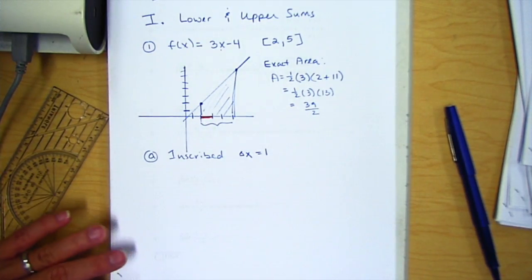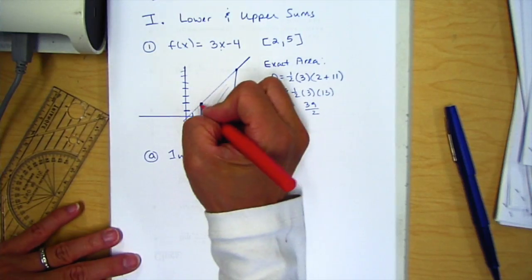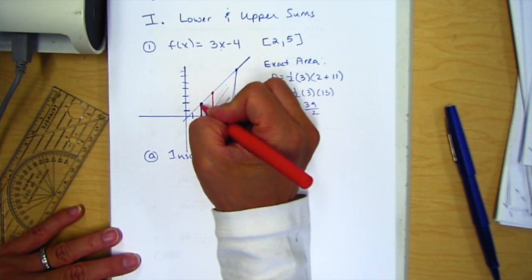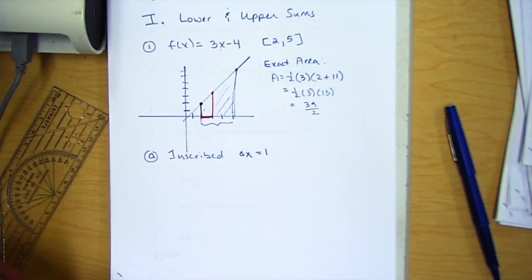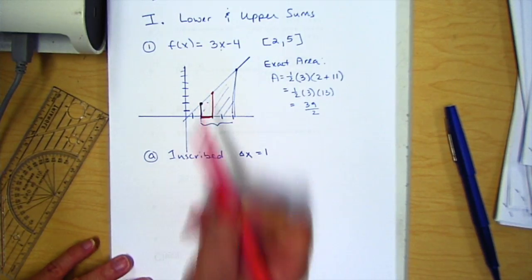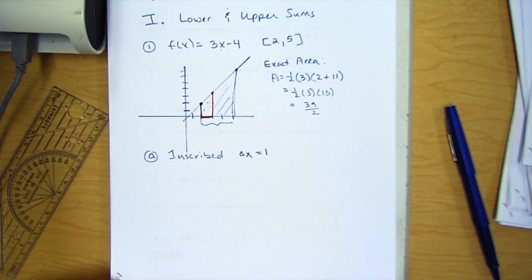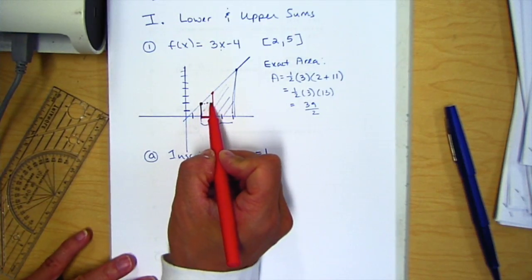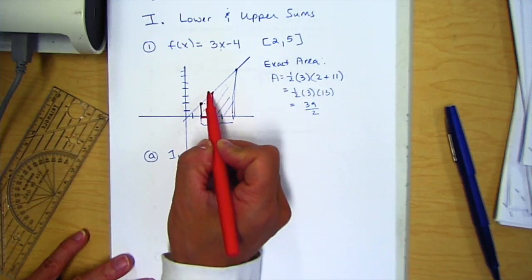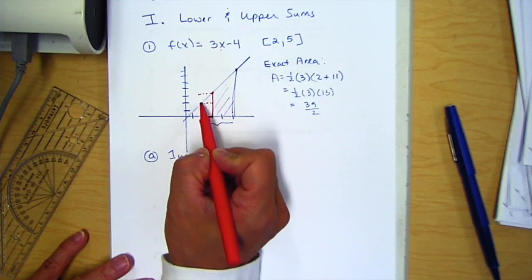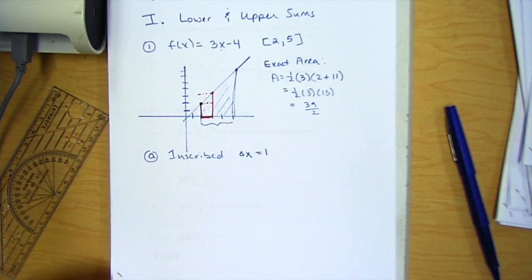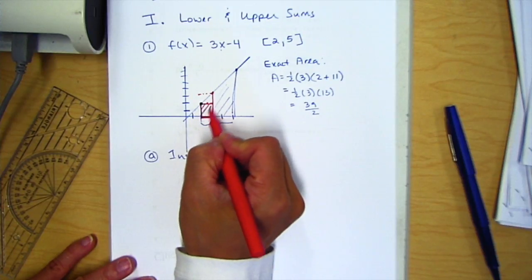When I want an inscribed rectangle, you need to hit the curve, and when you draw the rectangle straight across, the rectangle needs to be inside the curve or under the curve. If I go this way straight across, notice the rectangle's underneath. If I go across this way, the rectangle is going to be over the curve. So this is my first inscribed rectangle.